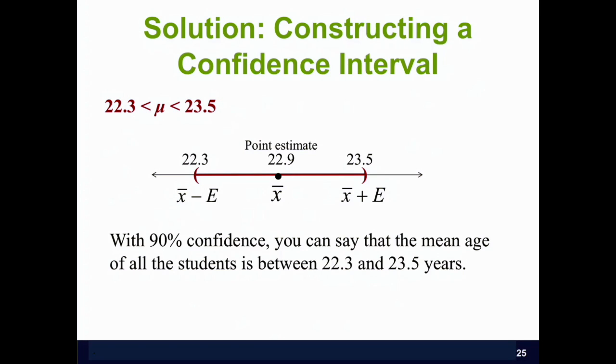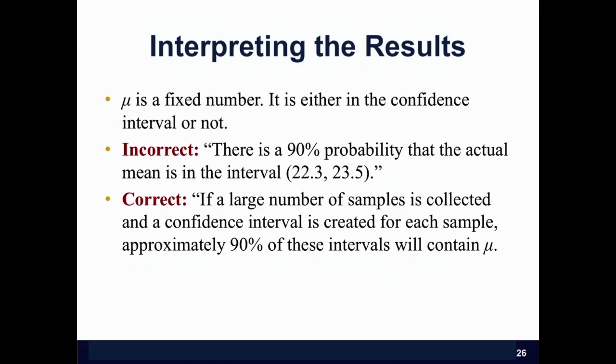We always say with 90% confidence. Okay, so what do we mean by that? We mean if a large number of samples is collected and a confidence interval is created for each sample, approximately 90% of these intervals will contain mu.